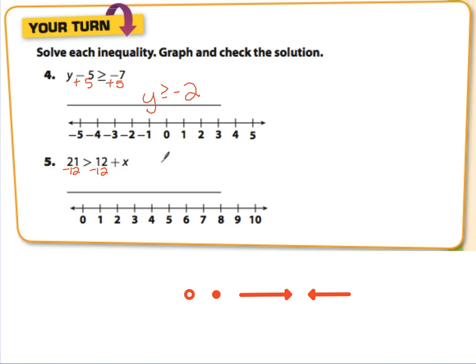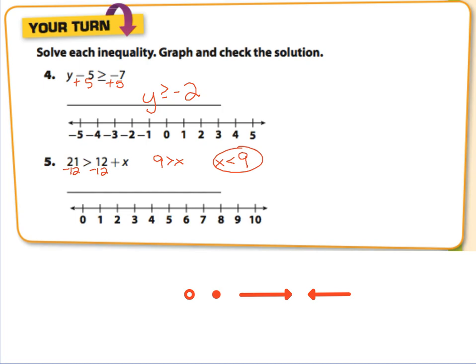So you end up with 9 is greater than x, and then you can rewrite that as x is less than 9. Either way will work. Again, this is the easier way to write it because it makes it easier to graph. Okay, and if you didn't graph yet, go ahead and pause, and when you come back, you can check your answer for graphing.